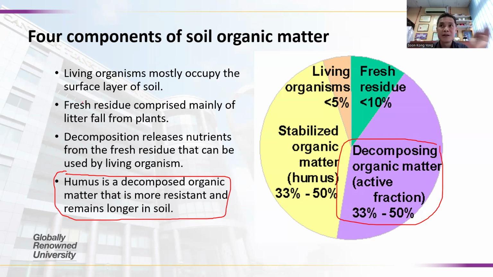It still does. It releases nutrients, but when they are released in large quantity, they don't stay. That is a problem because we want the nutrients to be absorbed slowly by the plants. But you see, plants are not something that works very fast. They work very slowly. So humus is still better, because it releases the nutrients very slowly and it matches the absorption rate of the plants.